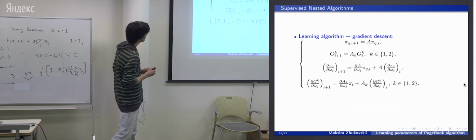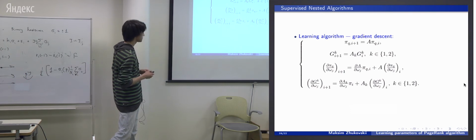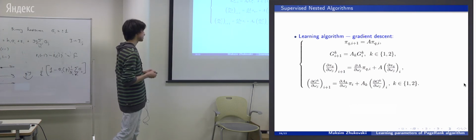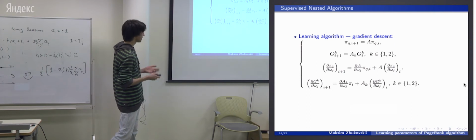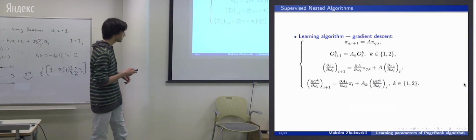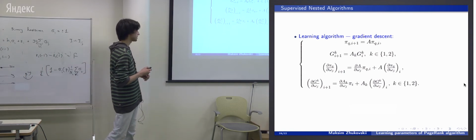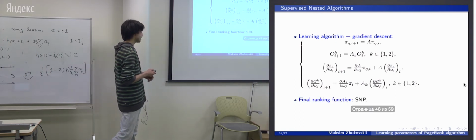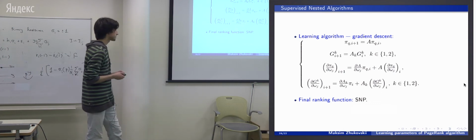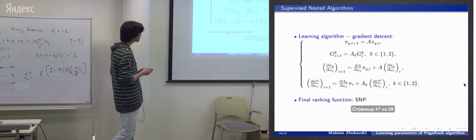So first of all, we consider the second equation and the fourth equation, and so we find the derivatives of our weights g1 and g2 with respect to its parameters, and then we have these weights and we find the derivatives of pi with respect to its parameters from the first equation and the third one. And we call the final ranking function supervised nested PageRank.